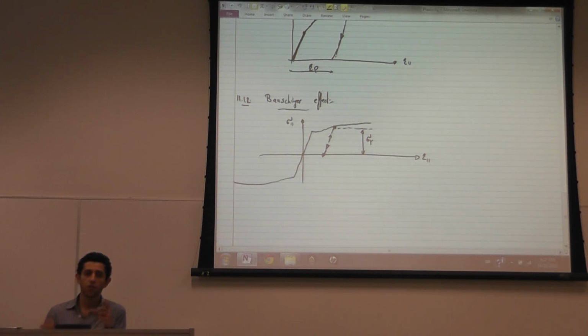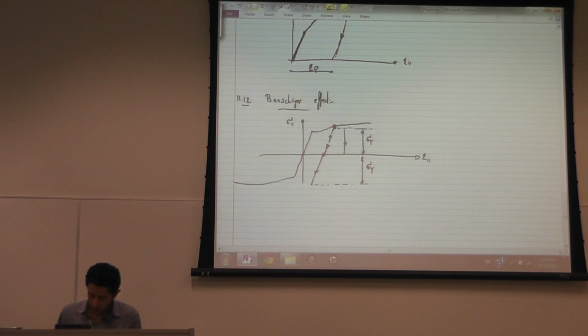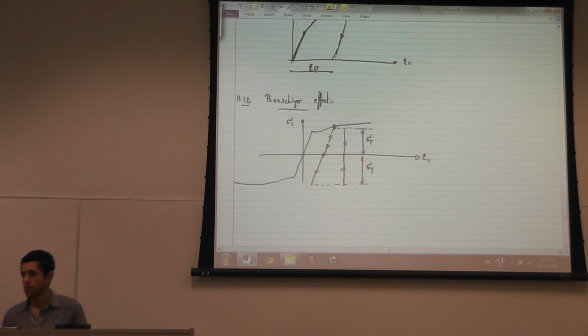Now, of course, you have to be very careful when testing a metal specimen not to buckle that piece. You just have to apply compression without buckling of that specimen. Now, if you unload from this point and then start applying compression, you'll find that this is also sigma yield, which means that the yield stress in both tension and compression has increased.